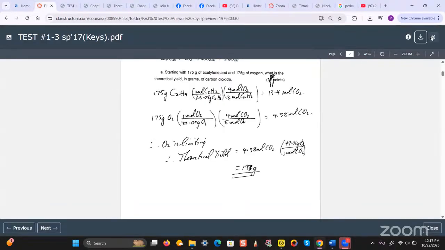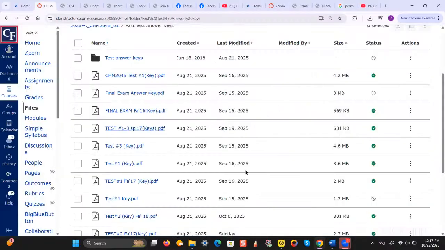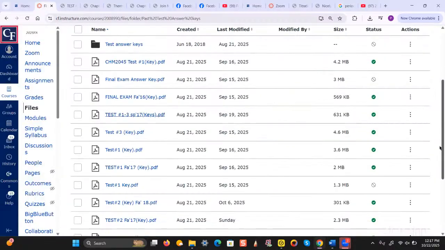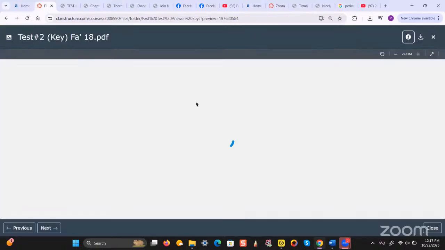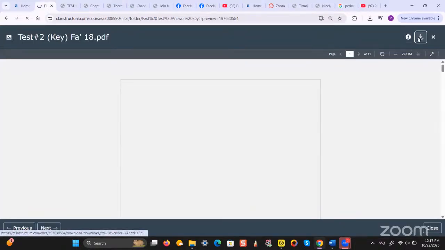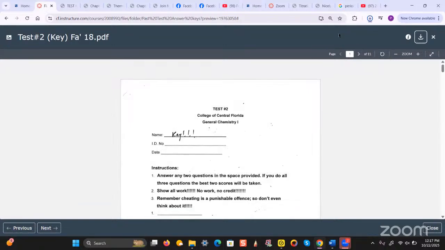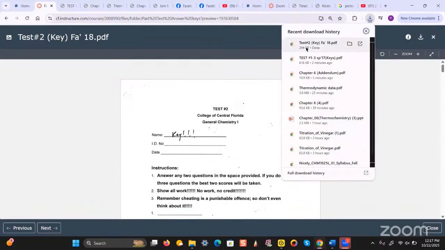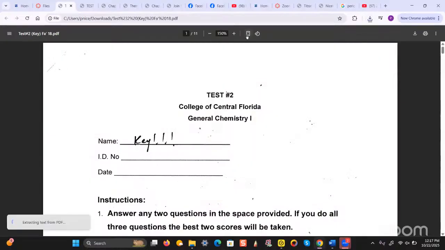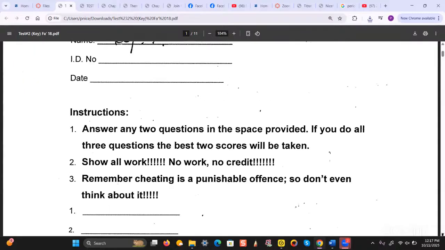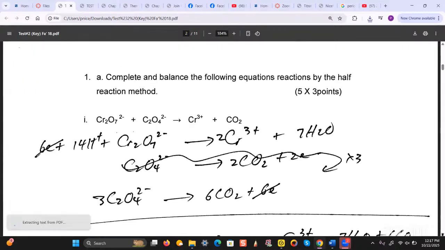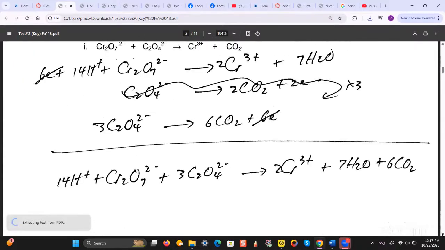Let me just see what else you can look at. Let me look at this one right here. Okay, yep, again, redox.